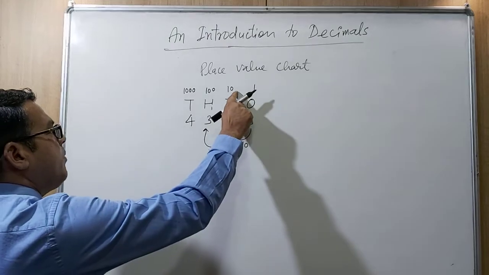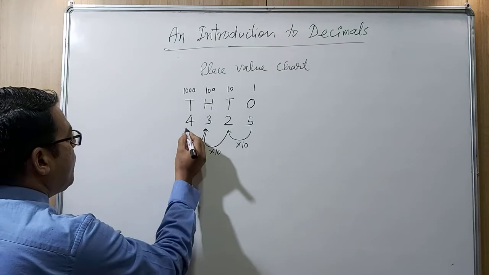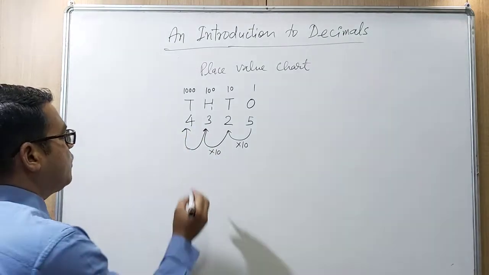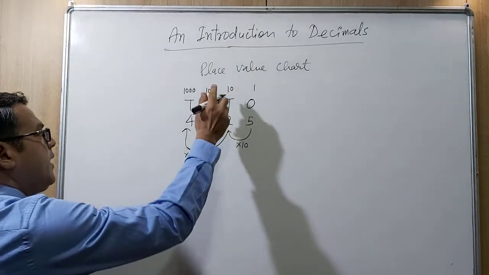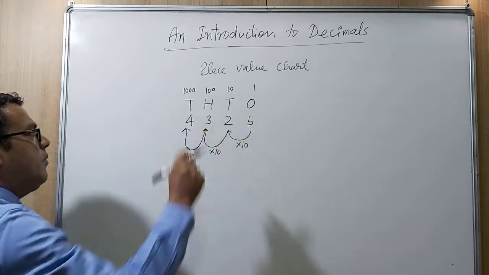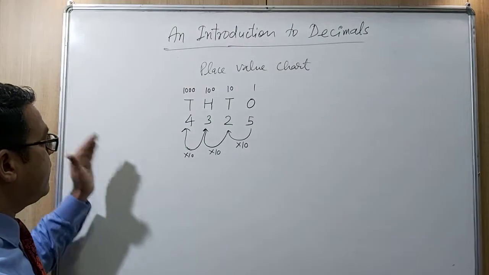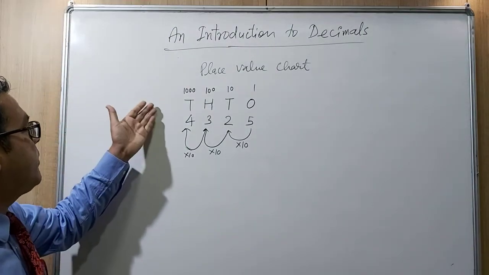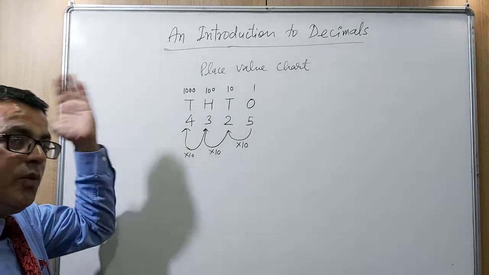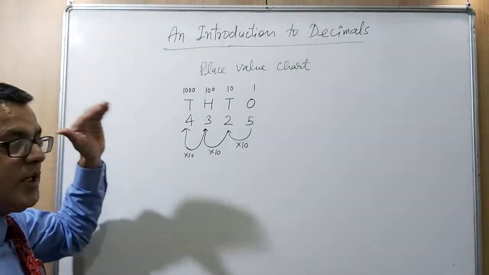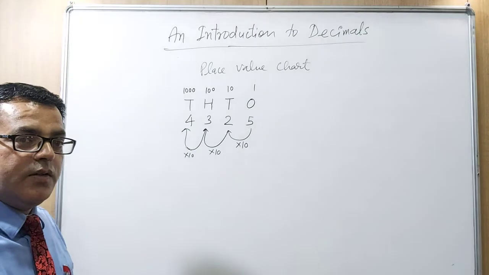If we multiply 100 by 10, then we have 1000. Hope you understand, and so on. For 10,000, we need to multiply 1000 by 10. And for lakh, if you multiply 10,000 by 10, then we have 1 lakh, right?